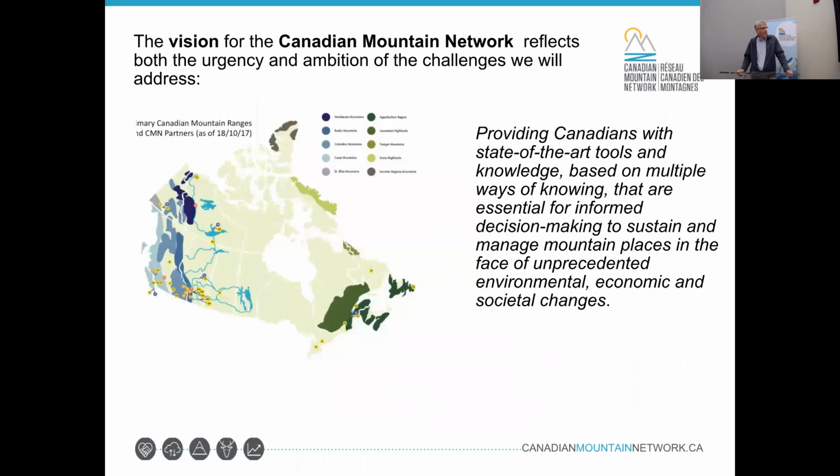And while we have partners and want to be inclusive of mountain regions and mountain peoples and mountain communities from coast to coast to coast, there is certainly a strong emphasis on the mountains in Western Canada, but we have partners from across the country, and certainly looking in this next stage of application development to welcome new partners and have discussions about how those new partners could be involved in the development of the network.